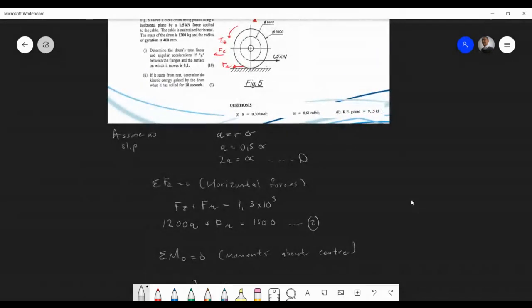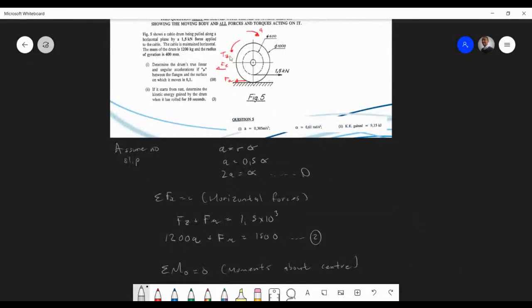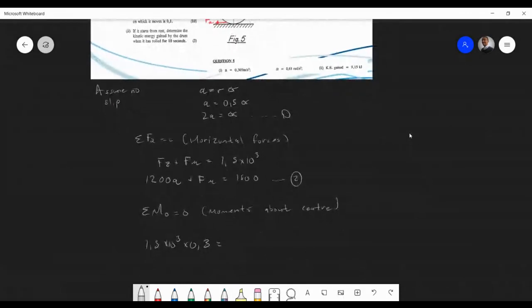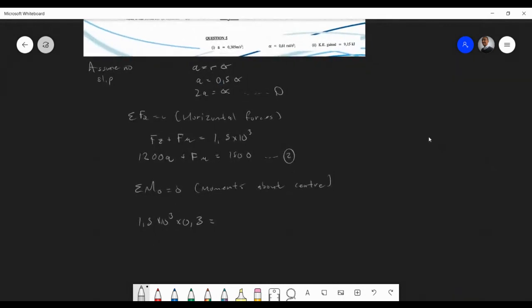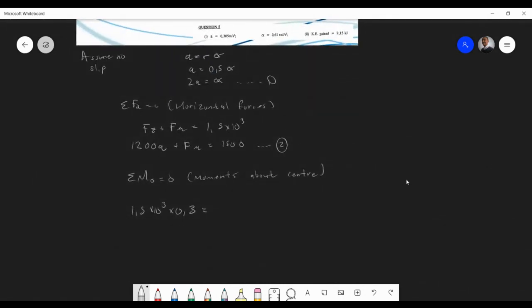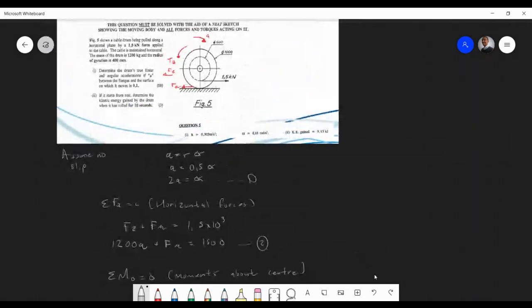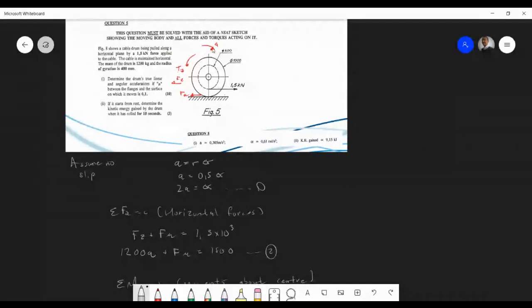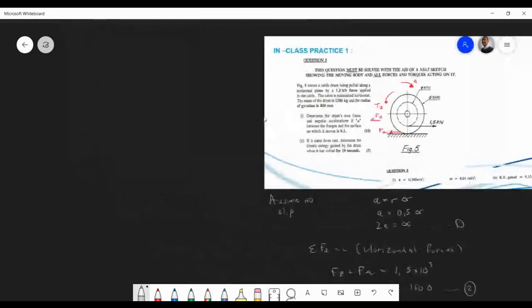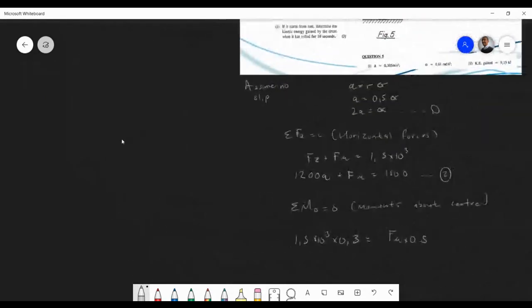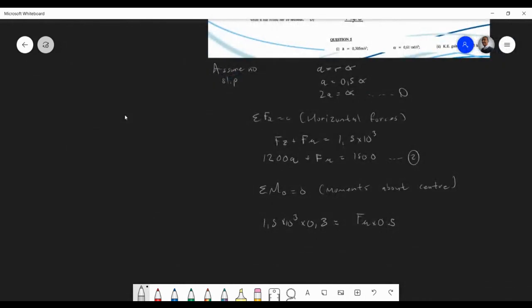F mu is on the outside, obviously, and that's clockwise, so that will be F mu times 0.5 on this end. And of course, we have our inertial torque, which is also going anti-clockwise, so that's plus I alpha, right?